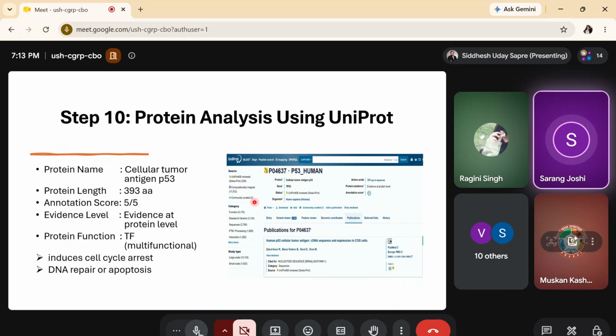After analyzing the TP53 gene sequence, the next step was to study its protein product using the UniProt database. The protein encoded by TP53 was found to be cellular tumor antigen P53, which is one of the most important tumor suppressor proteins in humans.